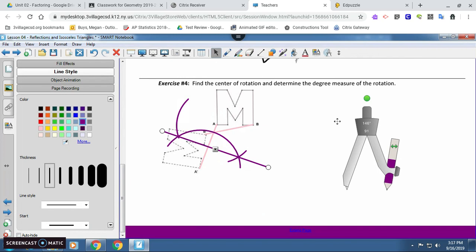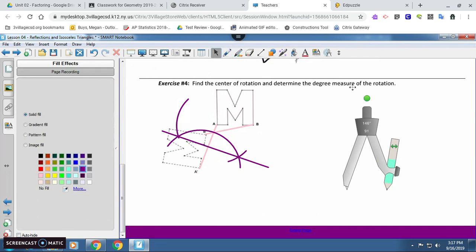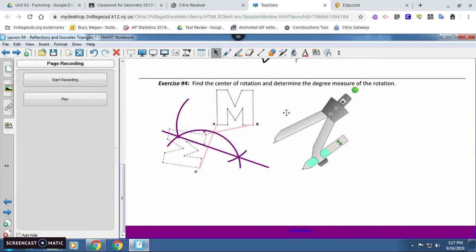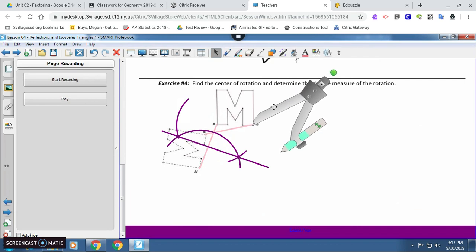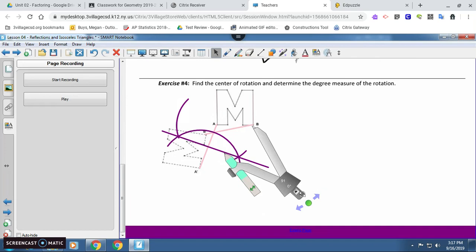Now I have to do this all again from B to B prime. This color will show. Again, over to B. I'm using different colors, and you can use highlighters to help you keep your ideas in check.